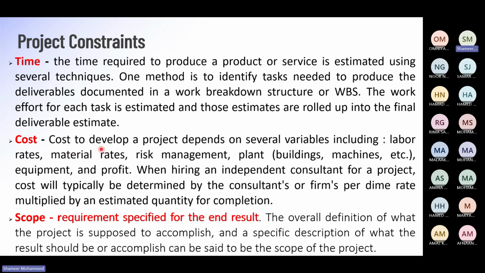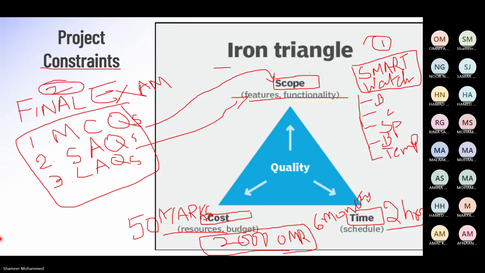Cost to develop the project, how much money you need, how much equipment you need. Scope, yani in your final output or outcome, what it contains, what are the features, that is scope. So time, cost, scope. This is the story. Is this clear, students?